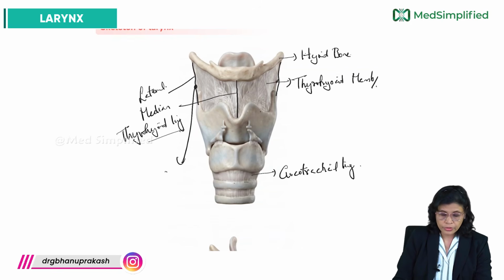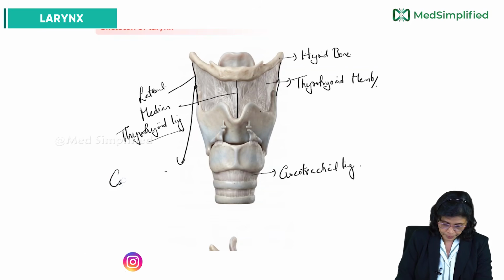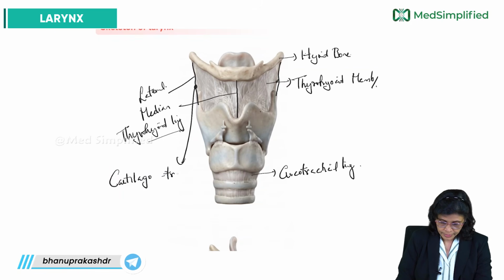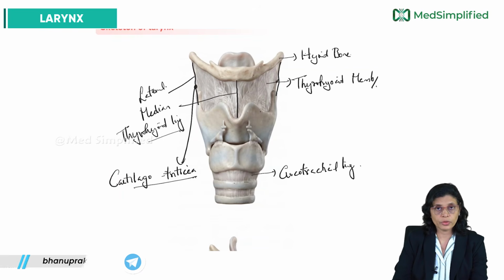That nodule is nothing but a nodule made up of elastic cartilage on the thyrohyoid membrane.